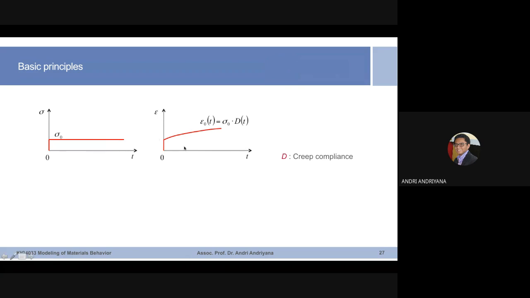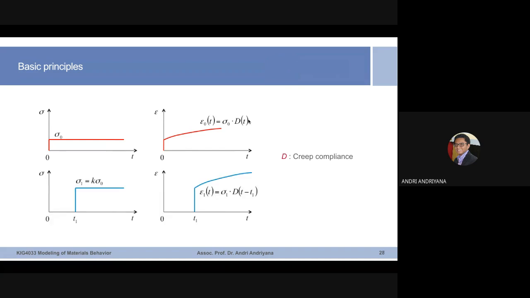This is, for instance, an example of how the strain will generate in the material over time, and this will be given by epsilon of t equal to sigma 0 times D of t. Again, D is creep compliance, which is 1 over the elastic modulus.